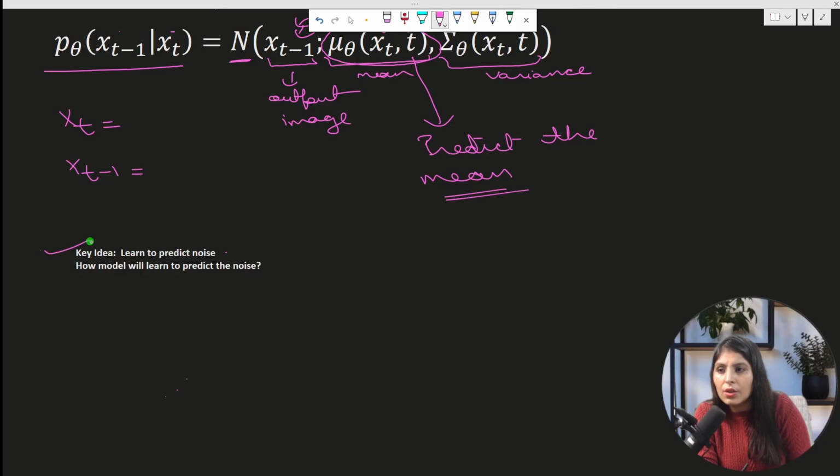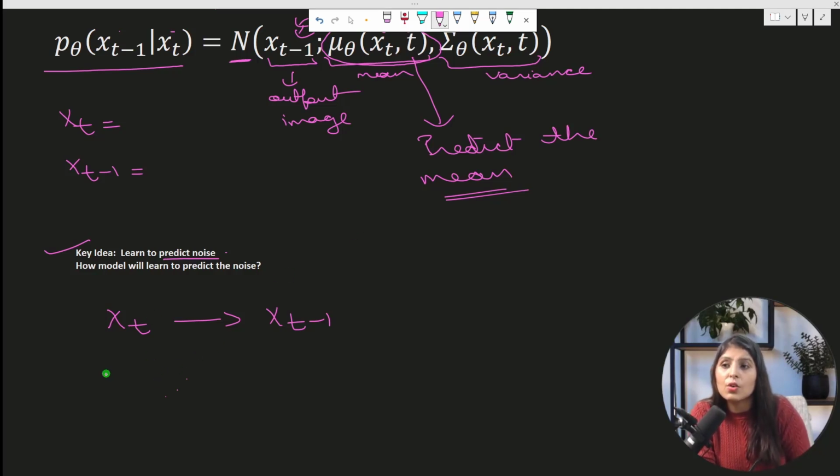The key idea of the reverse process is to learn to predict the noise, and for that every time xt will be the input, and we will get xt minus 1, right? And to do that, we will train our model to predict noise.